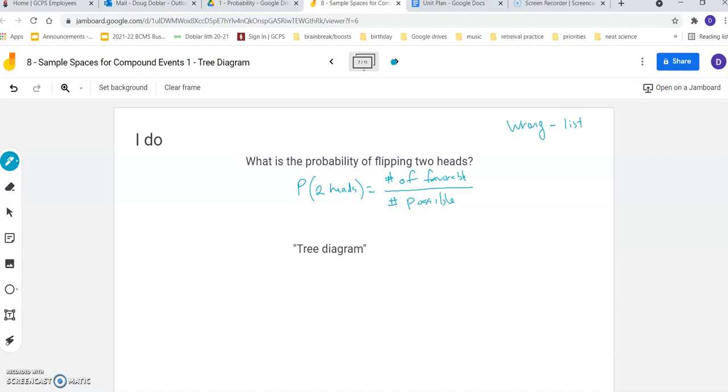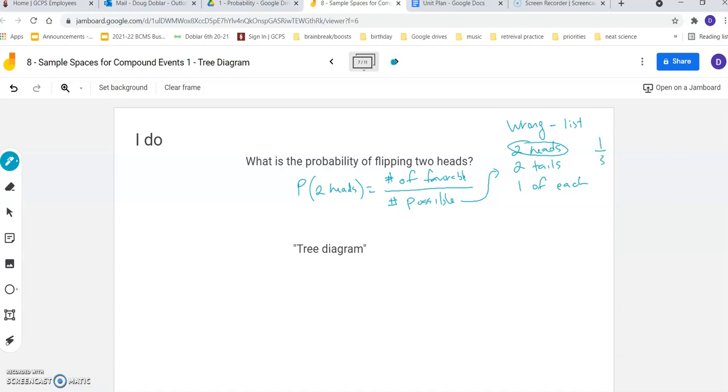What are my possible outcomes? If I just list them and think, I would probably say something like this: my possible outcomes are two heads, two tails, or one of each. I think most people, when you first do it, say, okay, that is my sample space, and my favorable outcome is two heads. So probably the probability is 1 out of 3.